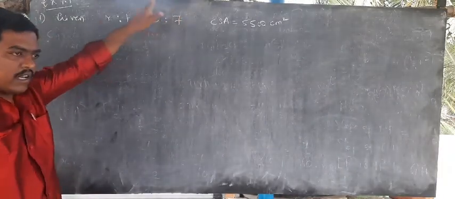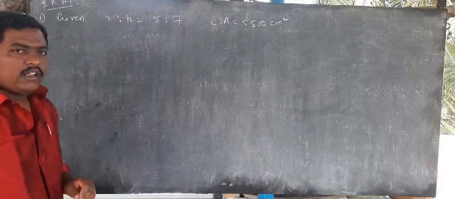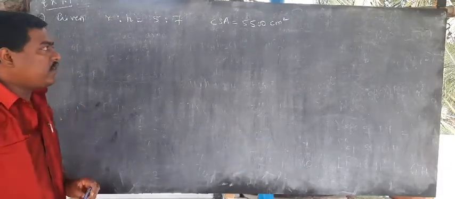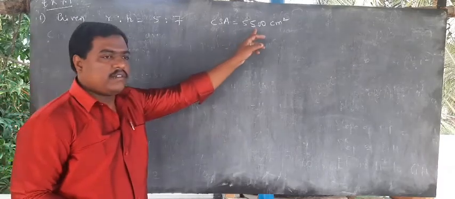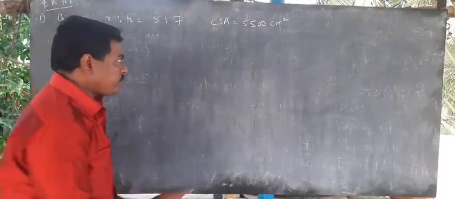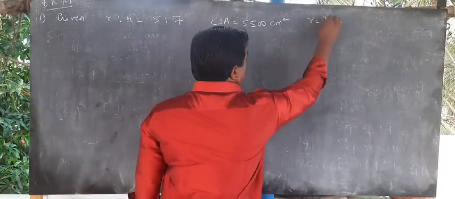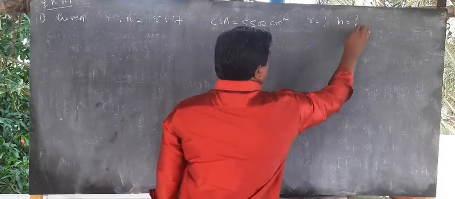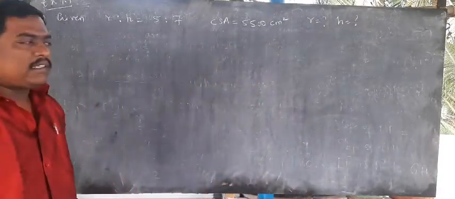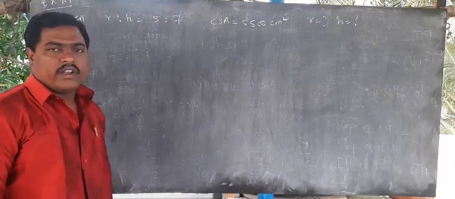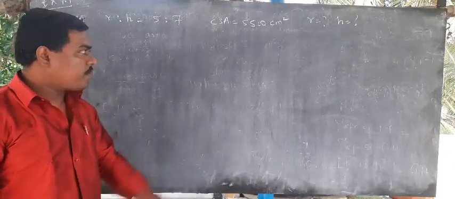The CSA is also given, 5500. What we need to find is r and h, the radius and height of the cylinder.